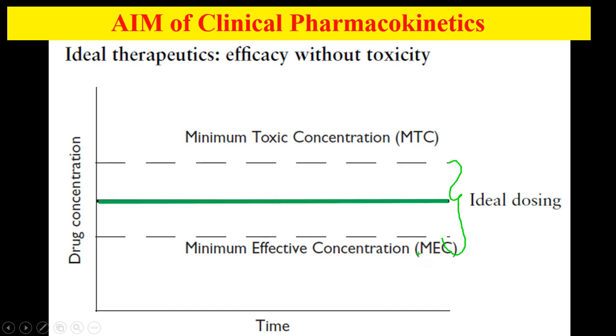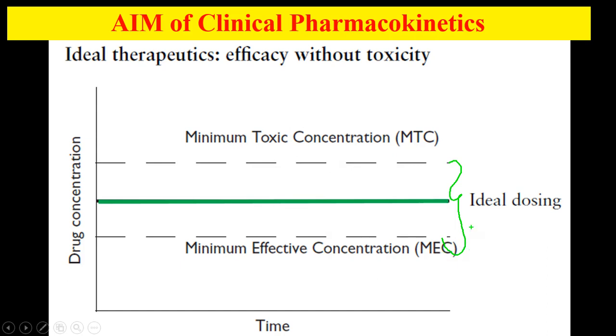For paracetamol, this might be relief of pain. So we bring the drug level in between these two, and this is known as the therapeutic window. The minimum toxic concentration is the ceiling, and the bottom line that must be achieved is the minimum effective concentration.